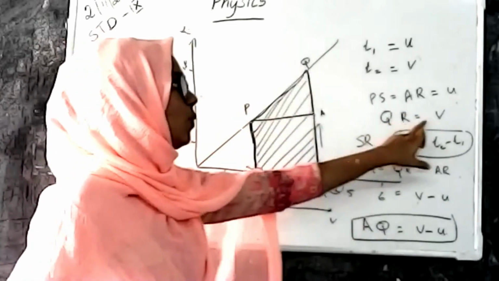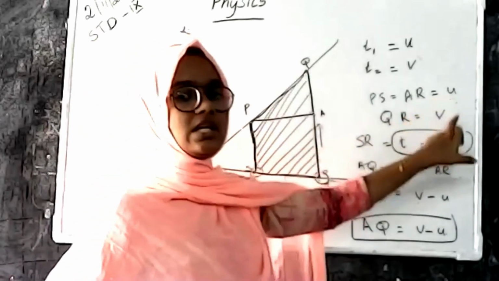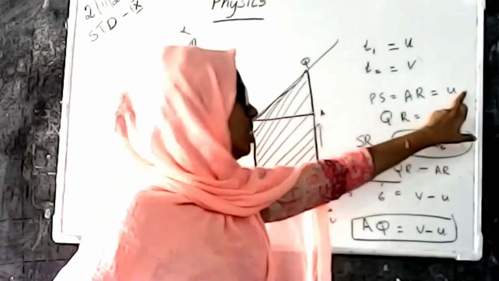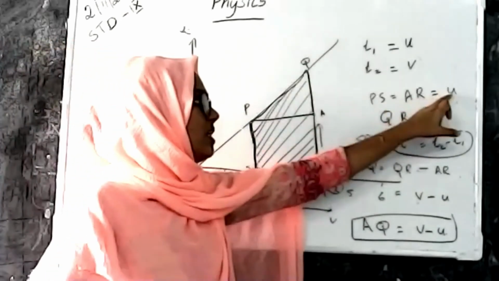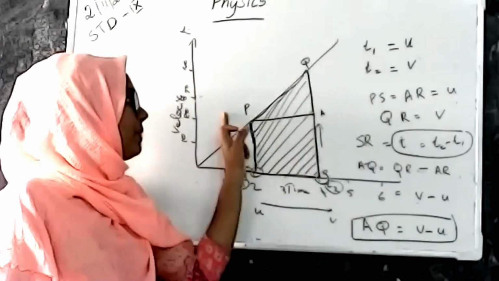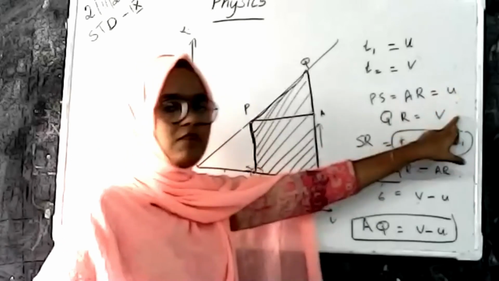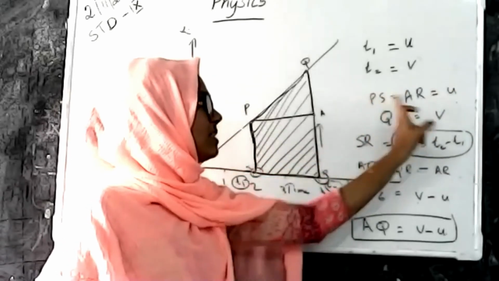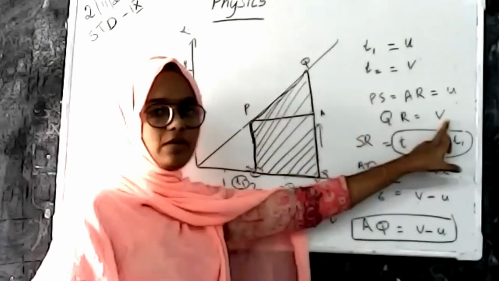So we take QR as V. The final velocity is V and the initial velocity is U, and the corresponding sides PS and QR are U and V. So we get PS is equal to AR is equal to U, and QR is equal to V.